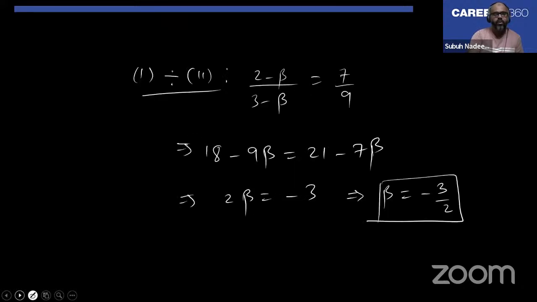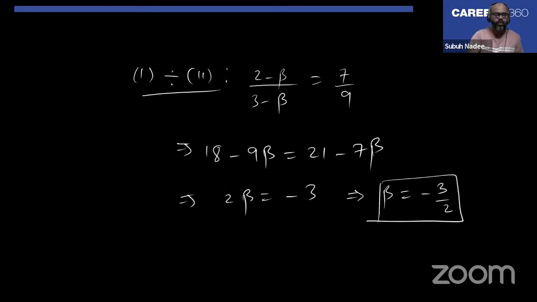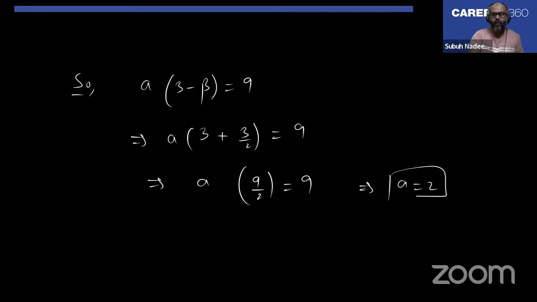Once beta is minus 3/2, we can find a too, because a into (3 minus beta) is equal to 9. So this implies beta is coming out to be minus 3/2. So 3 plus 3/2, it will become a into 9/2 is equal to 9, which means a is equal to 2.